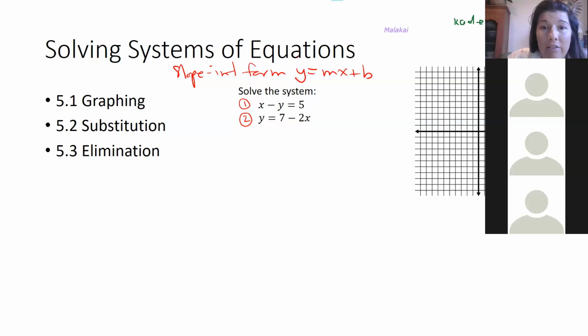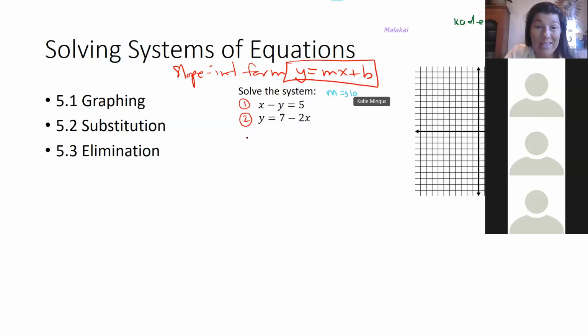That means we have y by itself on one side of the equation. So I spy one of our equations is in slope intercept form. Notice number 2 already has y by itself. For number 1, let's manipulate that one so it is in slope intercept form. And there's a way we can do it. There's a most efficient way.